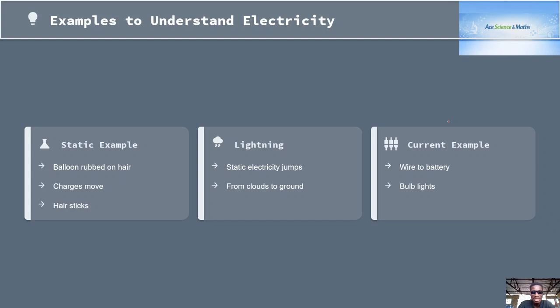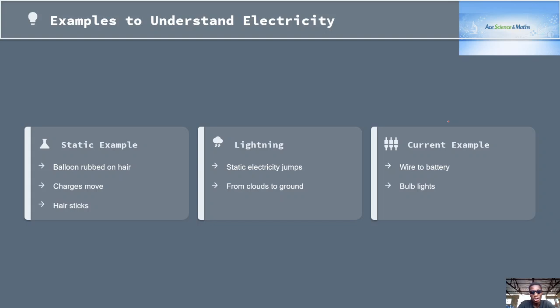So these are the things we have looked at so far in part 1A and part 1B. Notice that static electricity is built up and stationary until it discharges, but current electricity flows continuously through a circuit. And these examples show how electricity works in different ways and why it is so important in our daily life.